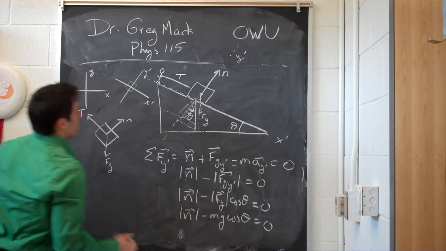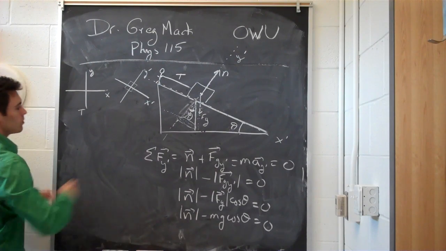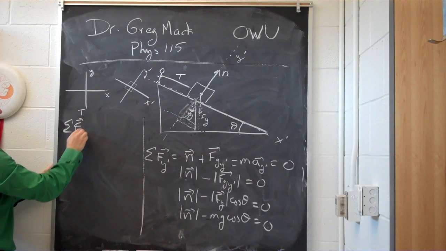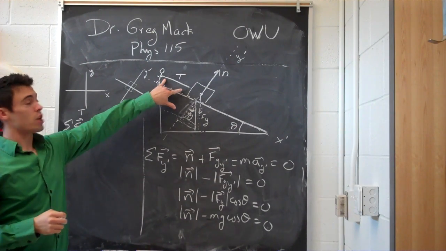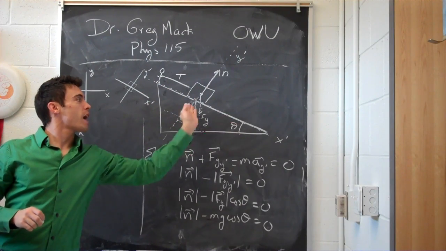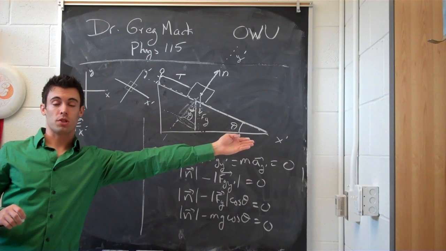If we're looking at the x direction, then we have the tension, that's here in the x direction, and we also have the x prime component of the gravity, the part that's going down the slope.